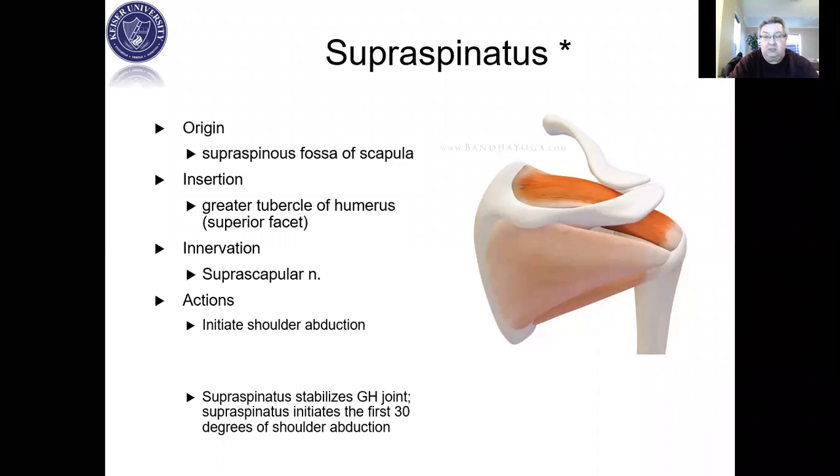Its action is to abduct the shoulder, and it specifically does the first 30 degrees of shoulder abduction. So the supraspinatus muscle, very important, most impinged muscle. Its main action is shoulder abduction, and it specifically does the first 30 degrees of shoulder abduction.